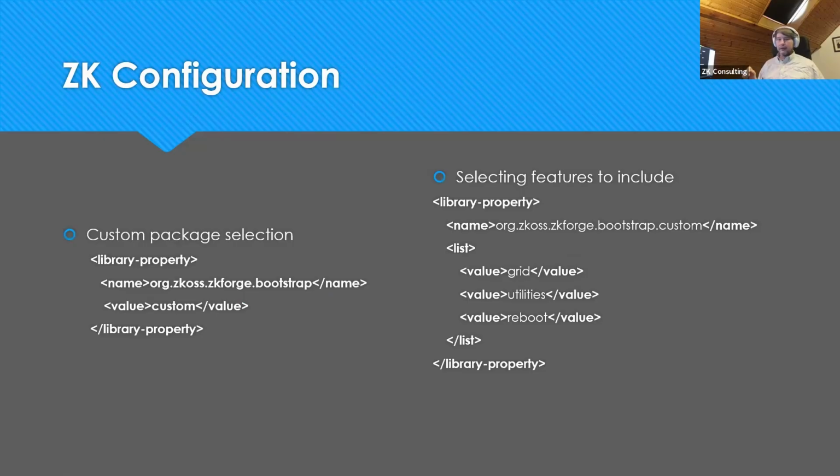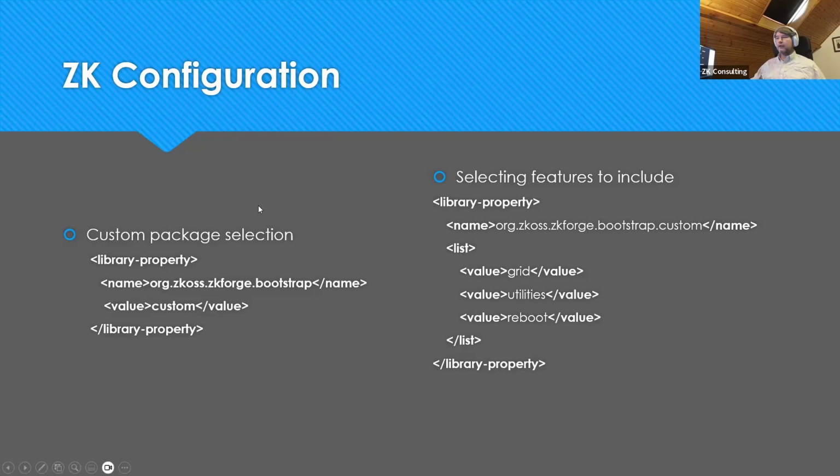By default, the ZK Bootstrap helper can be used without any extra configuration. It will install in every page the Bootstrap grid and the Bootstrap utilities file. Now, that might not be what you want, so you have the option to configure it.